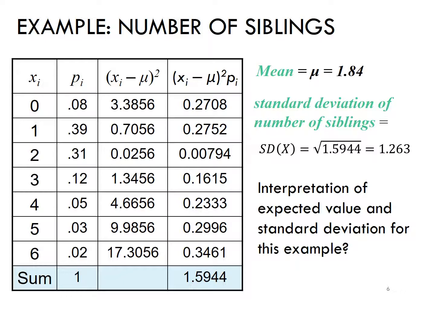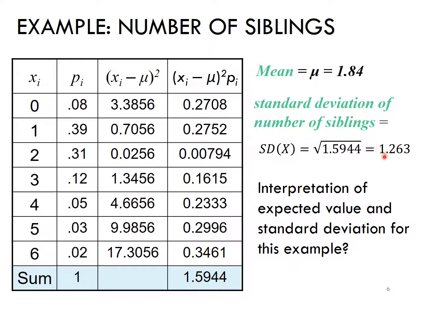Now, as you might have found, we care much more in this class about interpreting values than we do about finding them. So first, how would we interpret the value 1.84? Well, we actually already did that on the previous slide. It is the long-run mean number of siblings in this population of students.